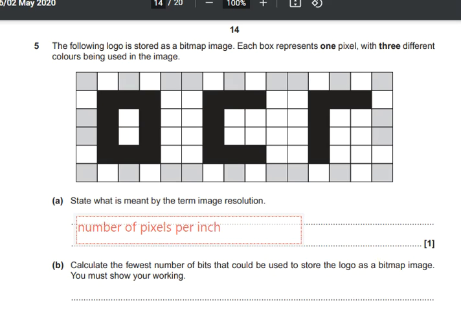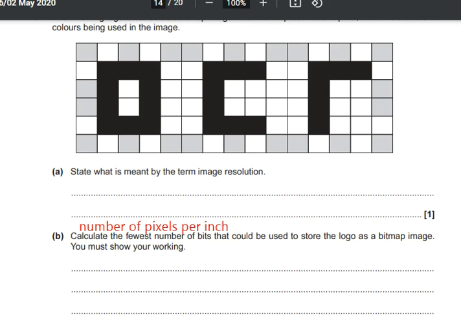Now let us look at the second part of the question. It is asking us to calculate the fewest number of bits that could be used to store the logo as a bitmap image.